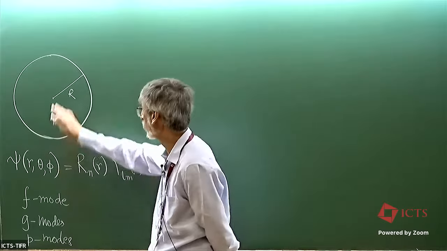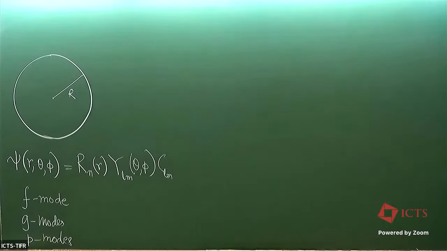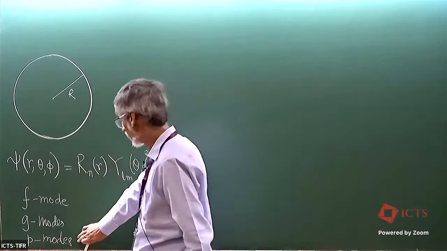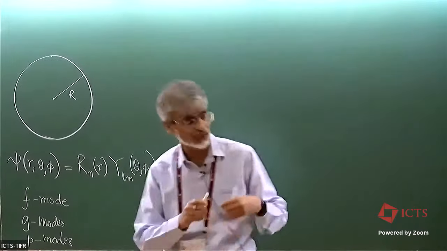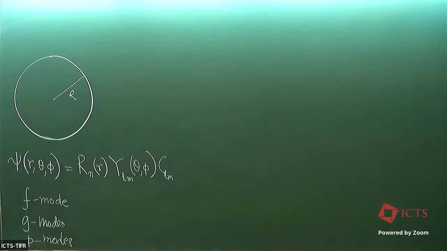And G modes are much deeper in. So the tidal deformation is felt more near the surface than deeper in. And to resonate with P modes, you have to go to even higher frequencies. That means the orbit has to become even faster.